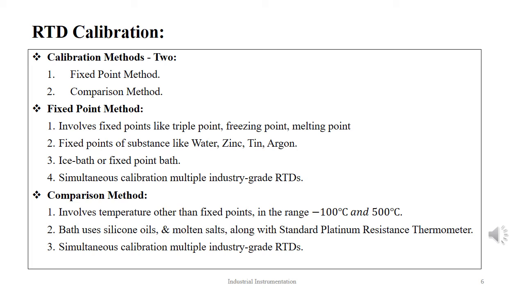Unlike the fixed point method, the calibration can be conducted over a wide temperature range between minus 100 degrees Celsius and 500 degrees Celsius, excluding the 0 degrees Celsius and 100 degrees Celsius points. In this method also, several devices can be simultaneously calibrated. The baths that are used are silicon oils and molten salts for the calibration purpose.